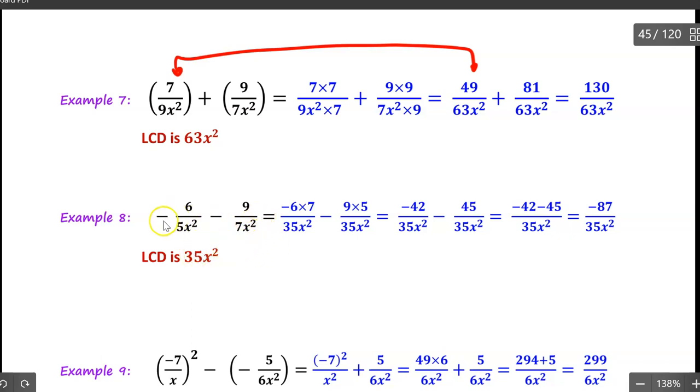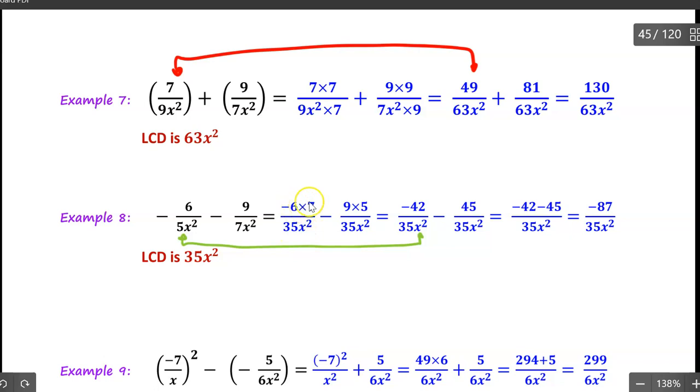I apply the negative to the 6, so I have negative 6. To get from this 5x squared to the 35x squared, I need to multiply 5 by 7, right? So I have to take 5x squared times 7, which gives me 35x squared.